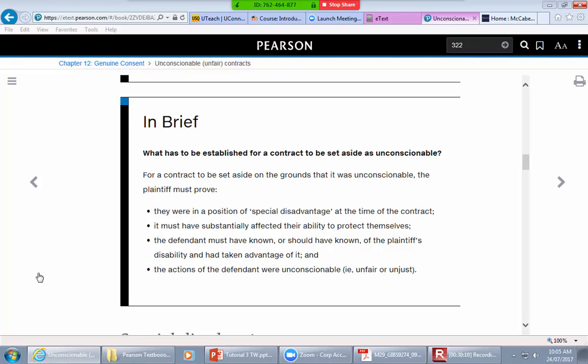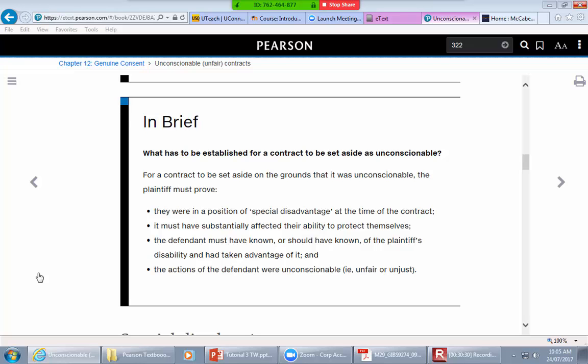So first, for a contract to be set aside on the grounds that it was unconscionable, the plaintiff, the congregation, must prove that they were in a position of special disadvantage at the time of the contract. It must have substantially affected their ability to protect themselves.